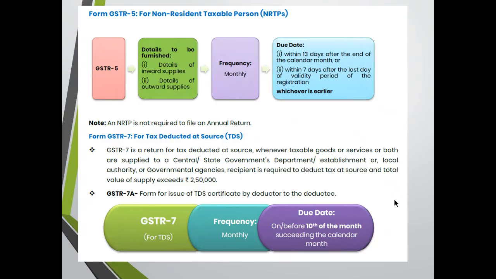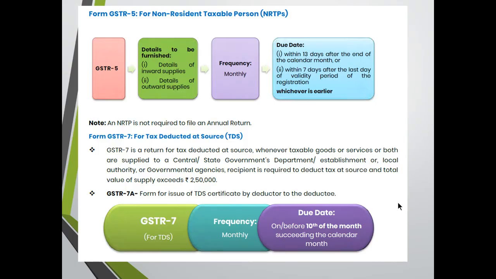Suppose, for example, a revenue department building is being air conditioned, and that department purchases 5 air conditioners from a shop, and if the total amount is more than 2.5 lakhs, suppose it is 3 lakh rupees, instead of giving 3 lakh rupees to that supplier, they would deduct 2% towards TDS. So in that way, TDS has to be deducted in governmental transactions.